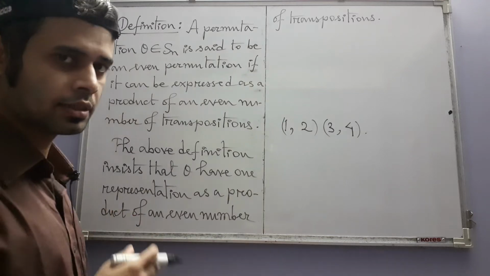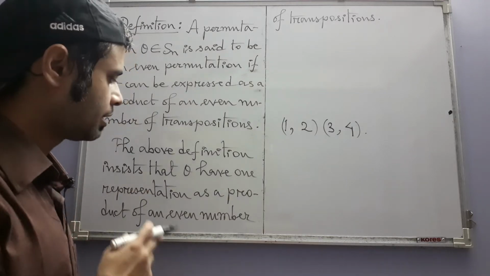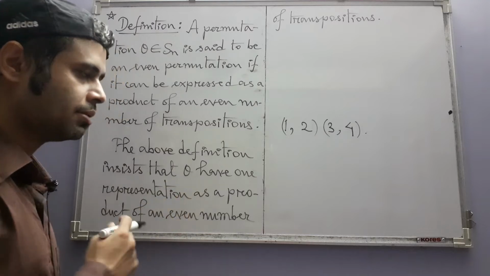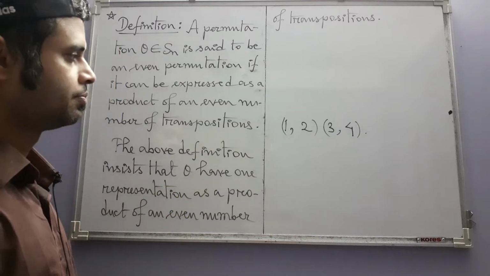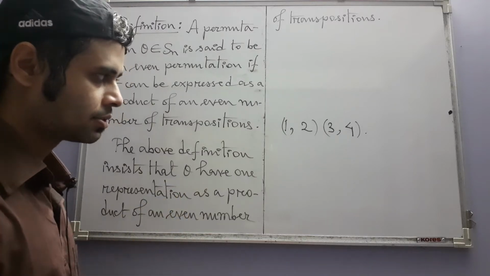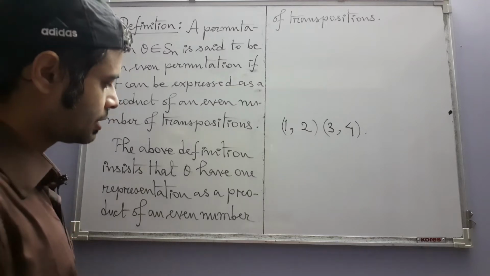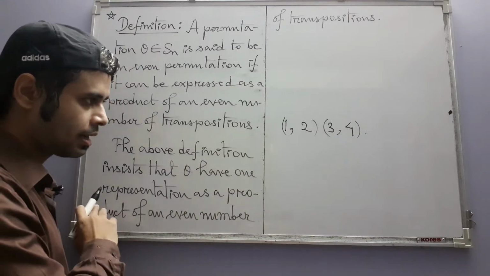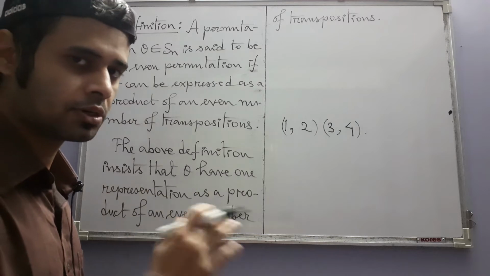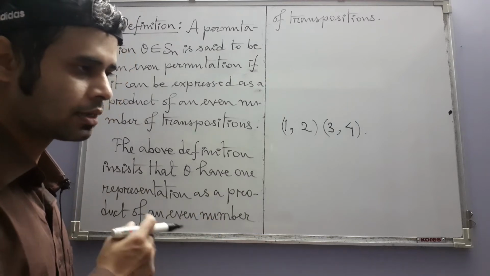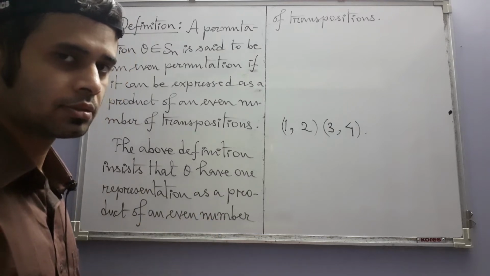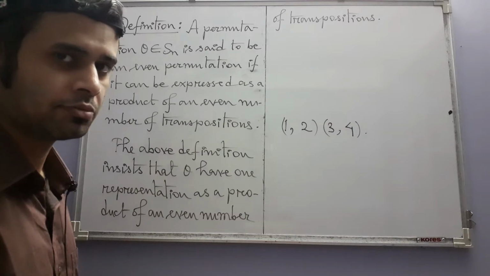If that is the case, then this definition is saying that such a permutation theta will be called an even permutation. But at the same time, simultaneously, it may be the case that theta also has another representation as a product of transpositions, where an odd number of transpositions are there. It may happen, we don't know yet.